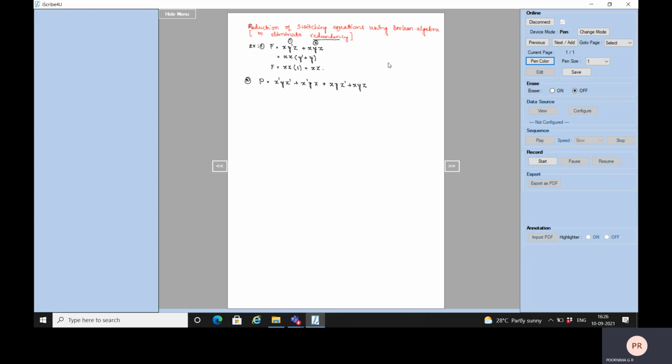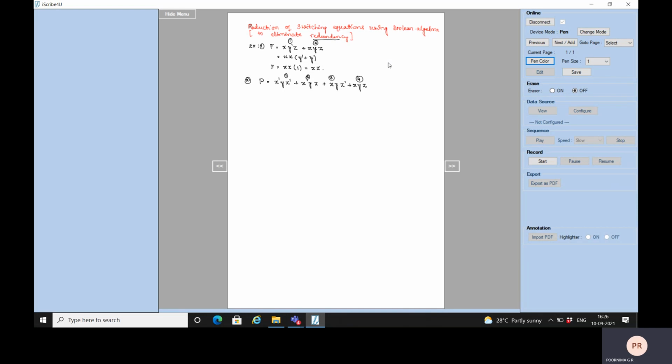This is the next switching equation we are considering. In this switching equation we basically have four minterms, 1, 2, 3, 4, and these four minterms have to be reduced to a minimal expression.